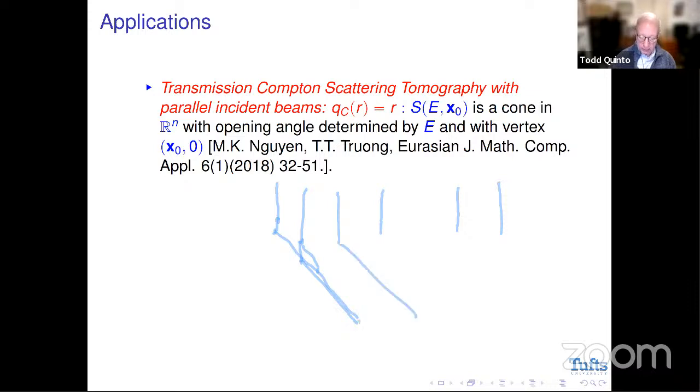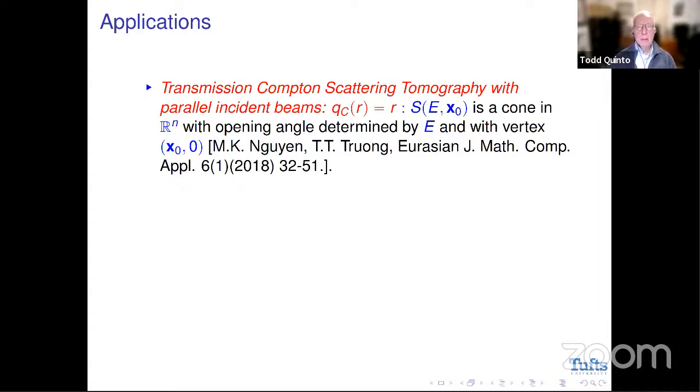Some of these go over here, but the point is some of them go on this line or this line, and what it tells you is the number of scatterers along these broken rays. And in R^3, of course, it's just a cone. So that is one model, and it's standard and well understood.